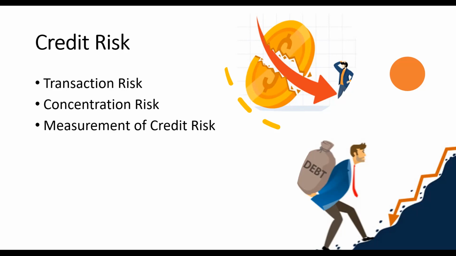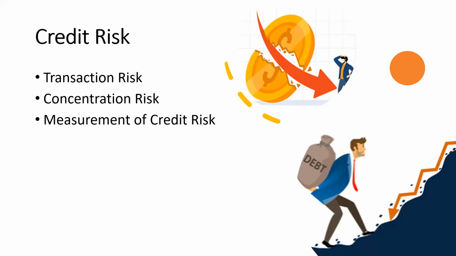To assess this is not easy. What is the exposure to credit? At least we can try to estimate, but what is the possibility that the borrower is not paying is quite difficult to measure. When we are not able to measure, it may lead to risk.